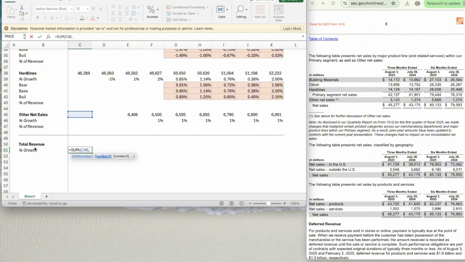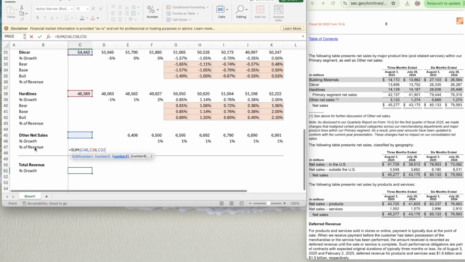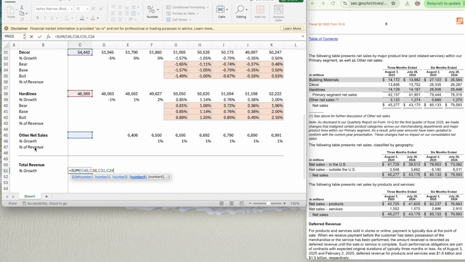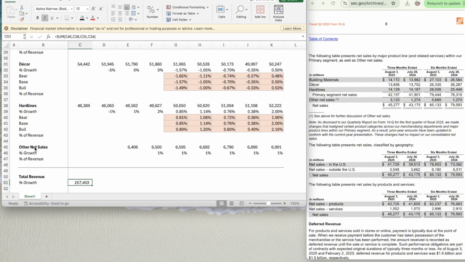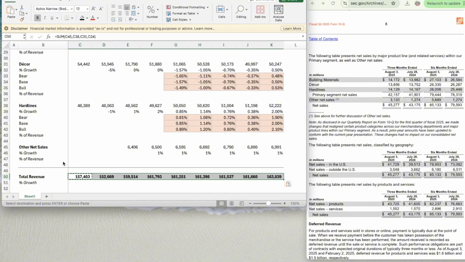Put this one in, otherwise it will, we need to put these ones in, otherwise when we just copy it down here, it won't pick them up.